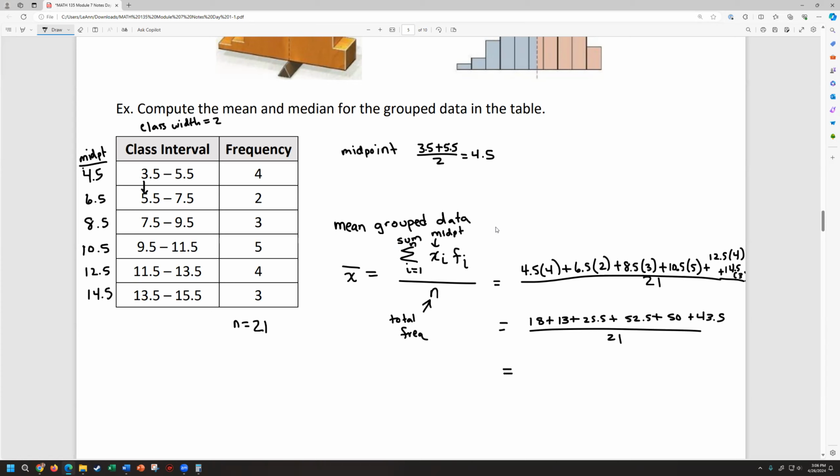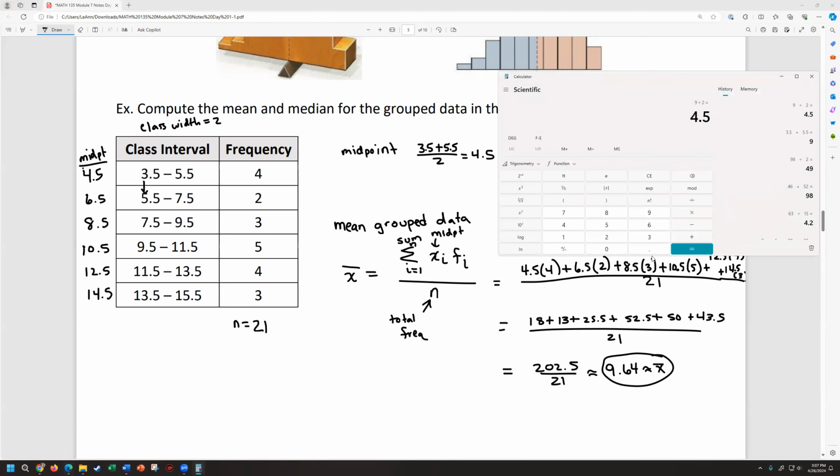If I add all those together, I get 202.5 for my numerator divided by 21. Round that to 2 decimal places, and we'll get that the mean of our group of data is approximately 9.64. So I'm going to double check that I did my division correctly. Yeah, 9.64 would be the rounded answer.